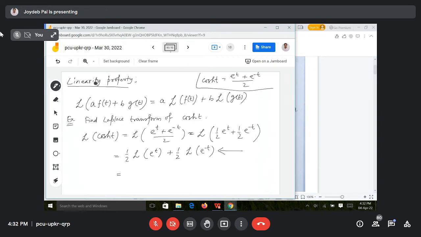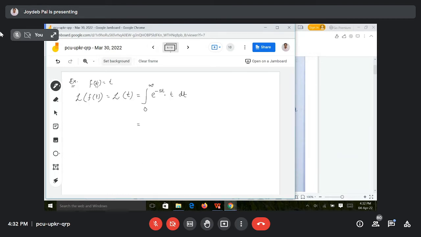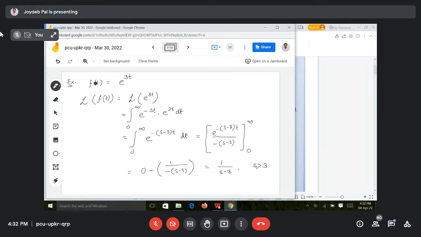So here also it is a tabulated function, e to the power t, and there is a formula for it. Laplace transform of e to the power t. Here you can compare with this. Whenever we took f(t) equal to e to the power 3t, we got 1 by s minus 3. Now, if it is e to the power t only, we will get 1 by s minus 1.